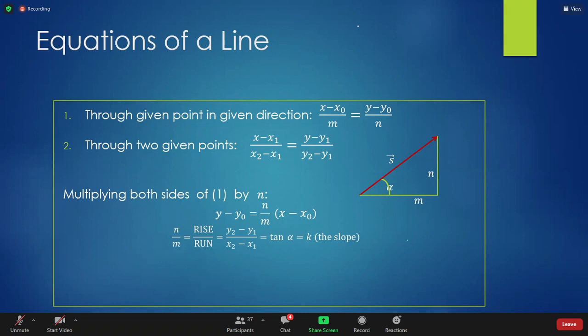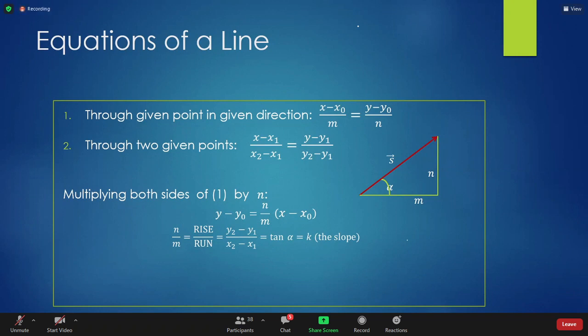We actually start with understanding what this ratio n over m means, rise over run, as it is written in many countries and in many styles and many textbooks, which actually helps us to find the slope from a direction vector. If we know the coordinates of the direction vector, then the y coordinate divided by the x coordinate will give you the slope.